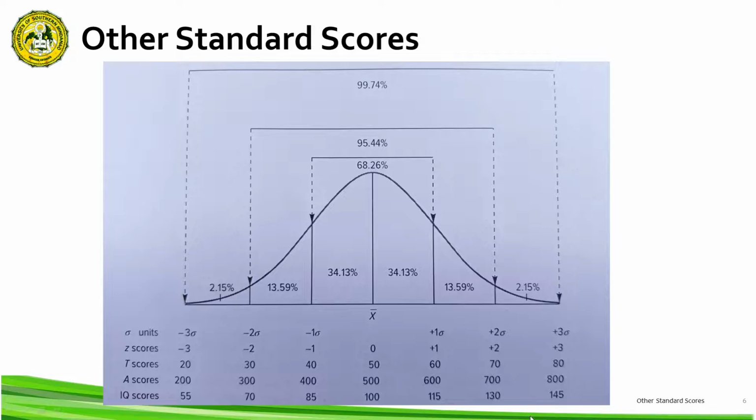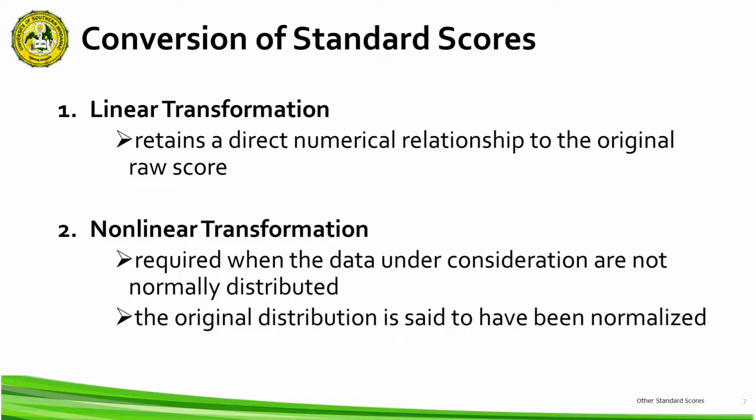Moving on, there are two types of conversion of raw scores into standard scores: the linear transformation and the nonlinear transformation. Take note that when a standard score obtained retains a direct numerical relationship to the original raw score, a linear transformation is involved.